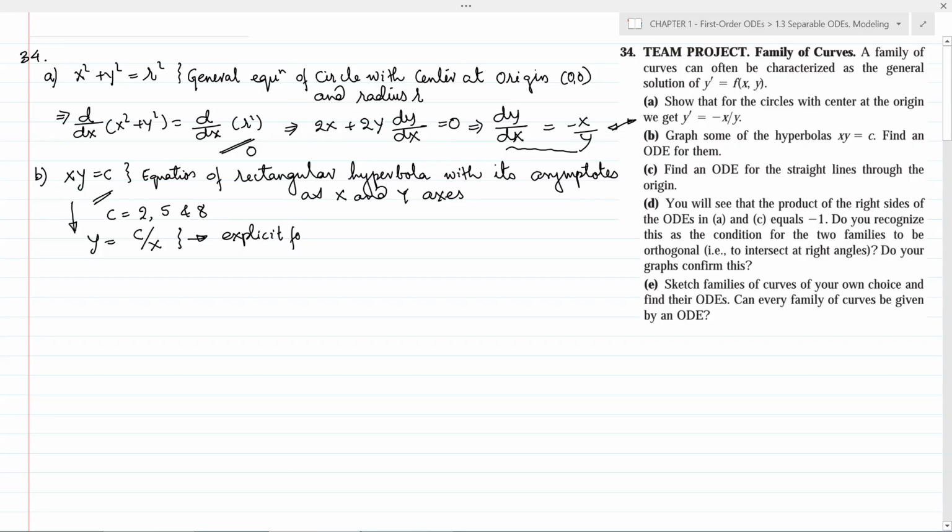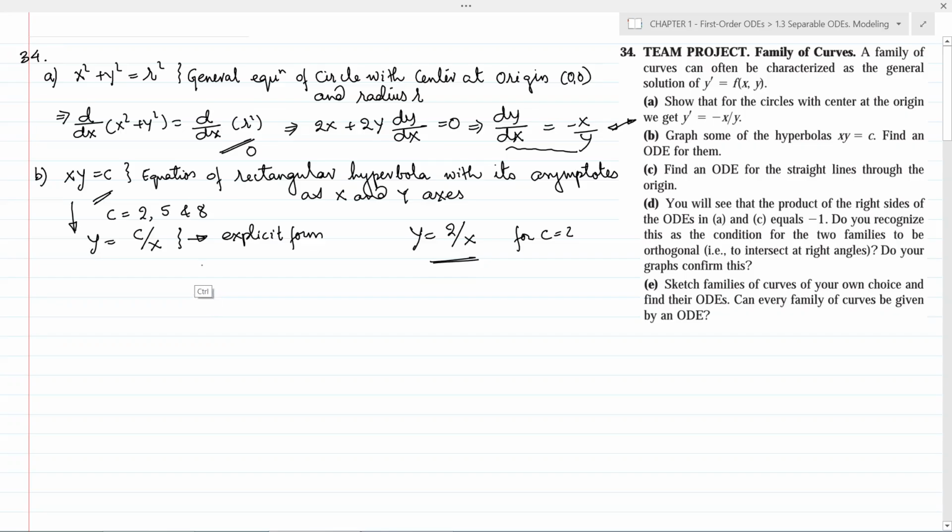Now, for c equal to 2, this reduces to y equal to 2 by x. Now, we can use any computer algebra system such as Maple, Mathematica or SageMath to plot graphs of this function. As we have done earlier, we are going to use SageMath to plot the graphs.